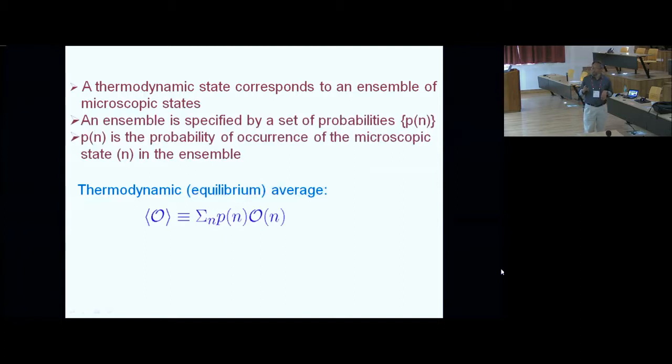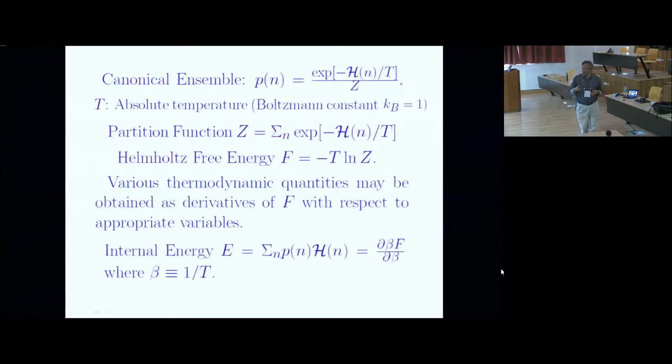The form of this distribution function, or density matrix or probability function, whatever you want to call it, depends on under what conditions you are observing the system. In particular, we'll be talking about what is known as the canonical ensemble, where the probability of occurrence of a particular microstate in the ensemble is given by the exponential of minus the energy of that state divided by kBT.